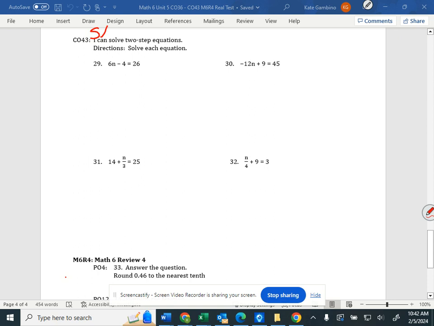Remember, we're doing SADMER. We want to do our subtracting or adding, then we do our dividing or multiplying. Opposite operation. So here, I don't want the value that's connected to the variable. I want the one that has no variable to start with.